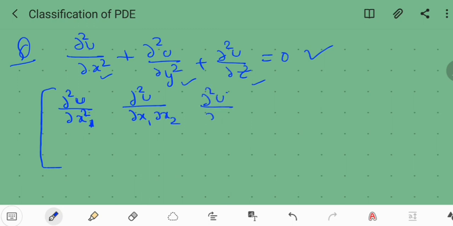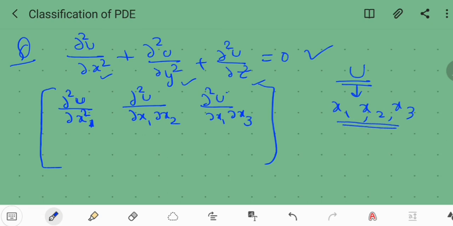So let's say you have a function u in three variables x1, x2, x3, just like here you have x, y, z. You need to expand this in the form of double differentiation of u with respect to x1, x1, then x1, x2, then x1, x3. Similarly, the double partial differentiation with x2, x1.